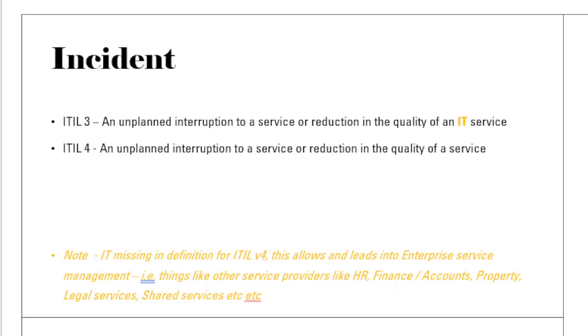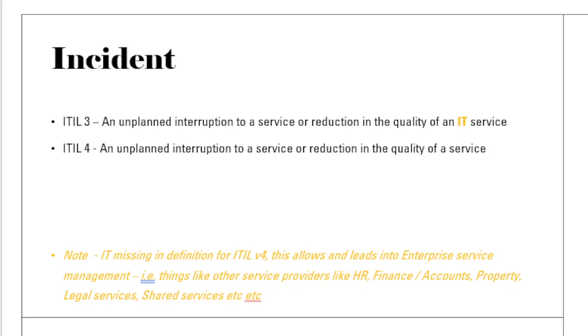So the next slide is incident. An incident is an unplanned interruption to a service or a level of quality in a service. From an ITIL perspective, you can see on the screen ITIL 3's version of what an incident is: an unplanned interruption to a service or reduction in the quality of an IT service.